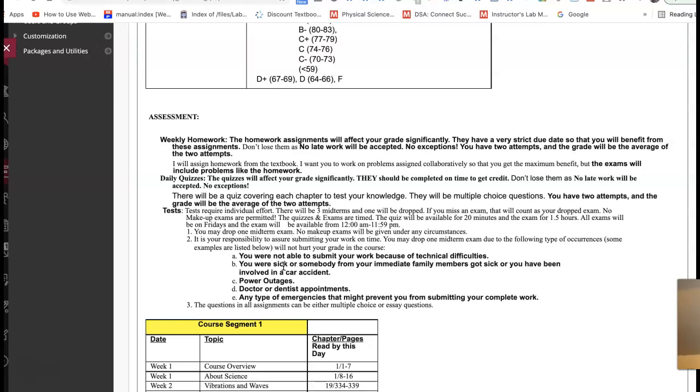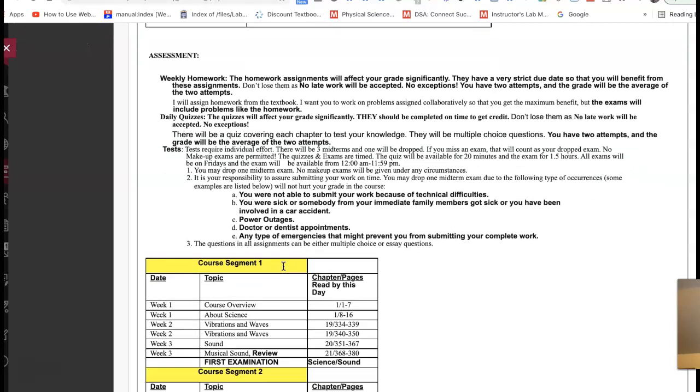If you have a power outage, technical difficulties, a doctor appointment, or any type of emergency, like a car accident, anything, I will not give you any chance of making up the exam. Because I have planned 3 exams, and I will drop one of these. Then you can drop one of the exams because of an emergency.